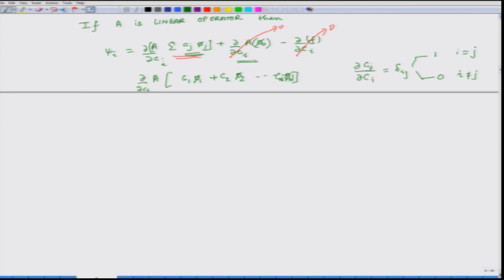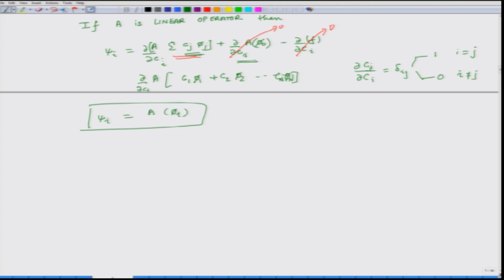Because of this, psi I equals A of phi I. All other terms will be 0 and the coefficient of phi i will become 1, because the partial of Ci with respect to Ci is 1 if i and j are the same.